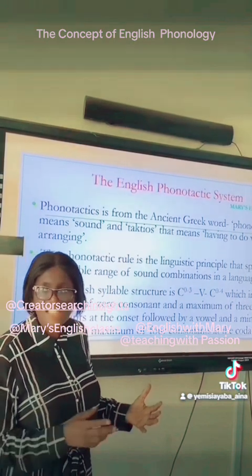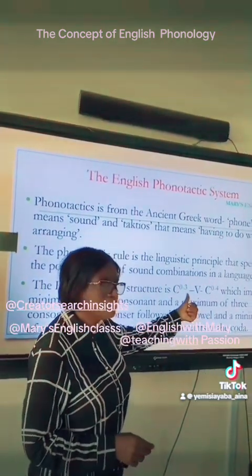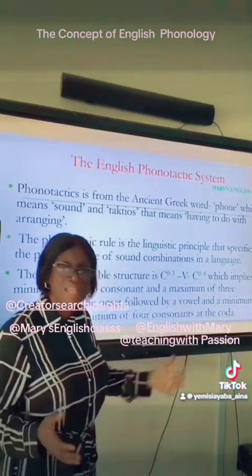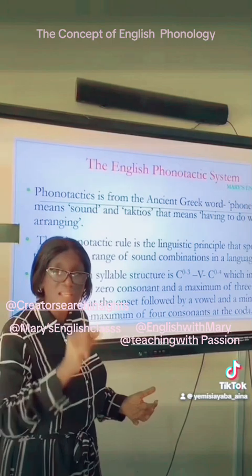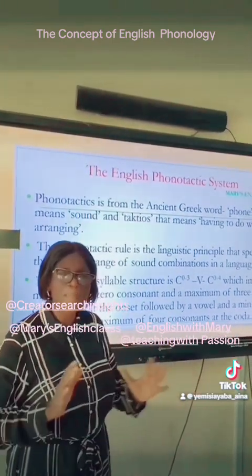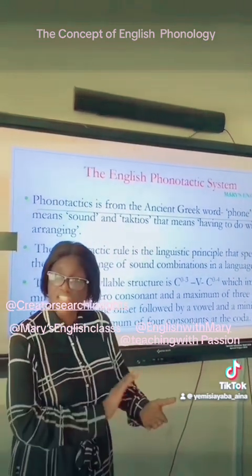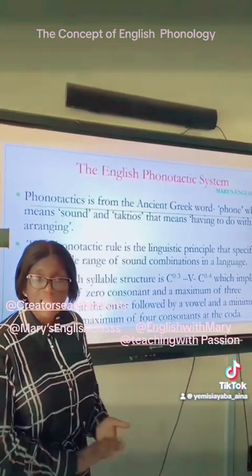Now, you may have C3. What do we mean by C3? That is three consonant clusters. That's the maximum that you can have at the initial position of an English syllable.